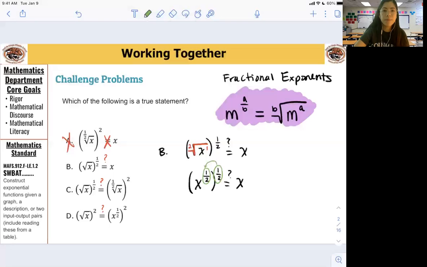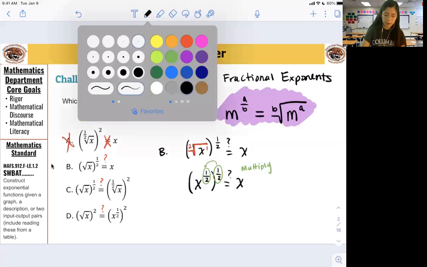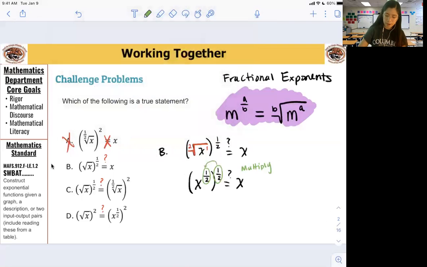Should I add them? Should I divide? What should I do? Multiply. Multiply, good. Remember, anytime you have exponents and you got to distribute, that's multiplication. So we multiply those exponents. So what's 1/2 times 1/2? 1/2. No. 1/4. 1/4, good.